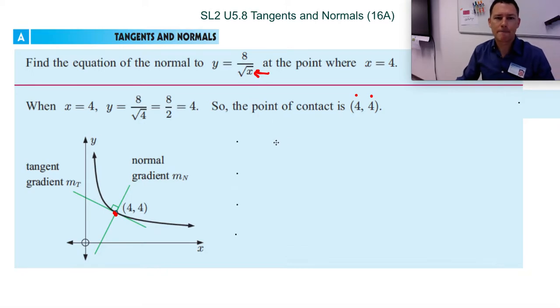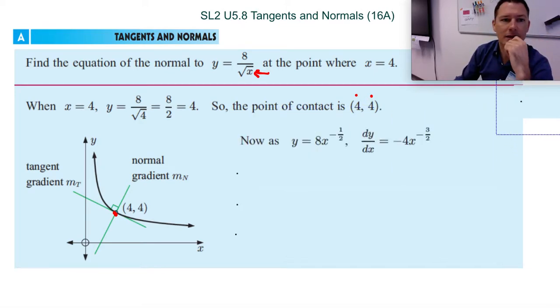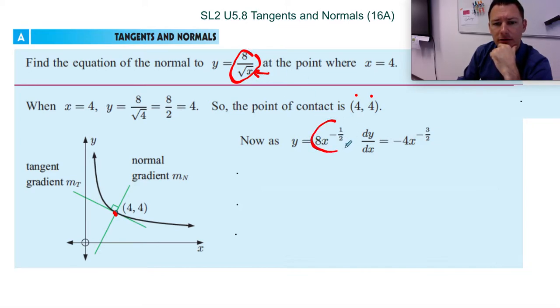All right. We want to find the normal, so we have to find the tangent's slope. So we can take this and turn it into a power instead of a fraction. This negative 1/2 power and the fraction are fundamentally the same, and then we run our derivative. So you multiply negative 1/2 by 8, you get negative 4, and then you decrease the exponent by 1. So negative 1/2 decreased by 1 is negative 3/2.